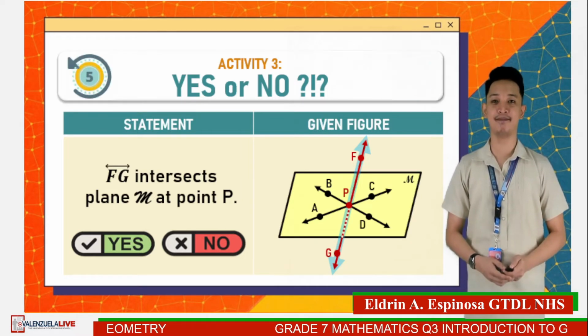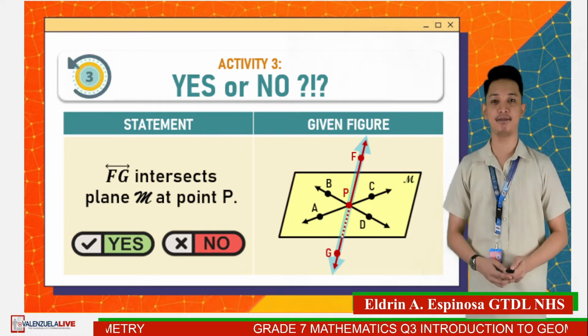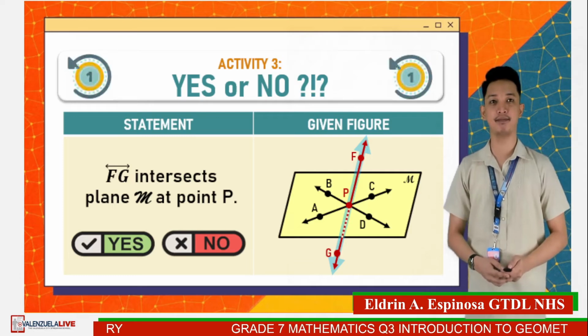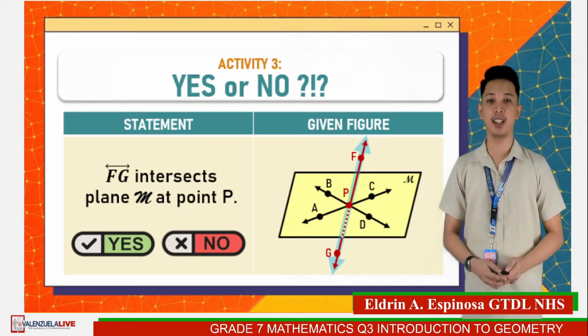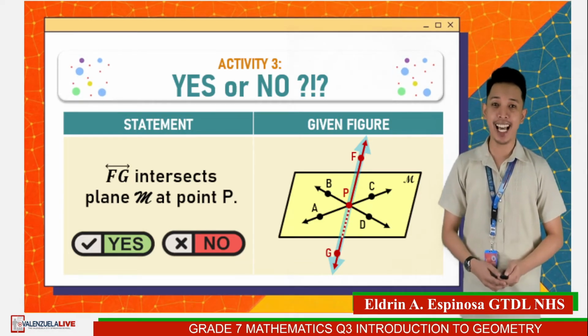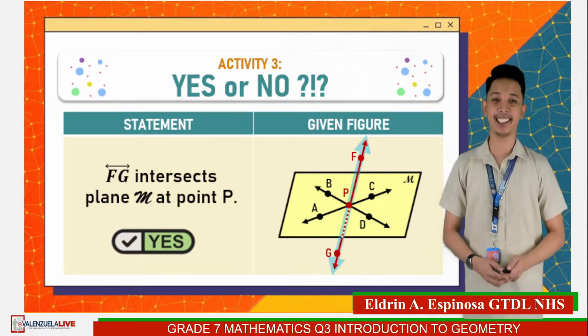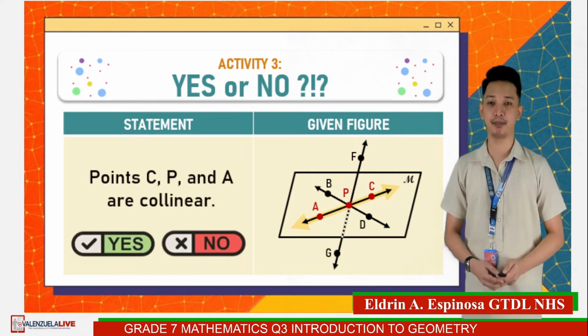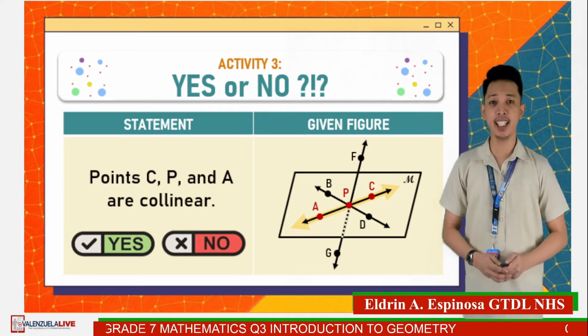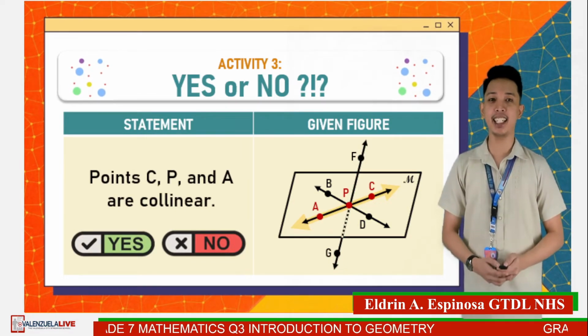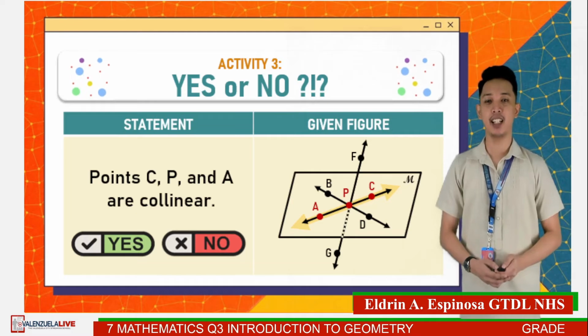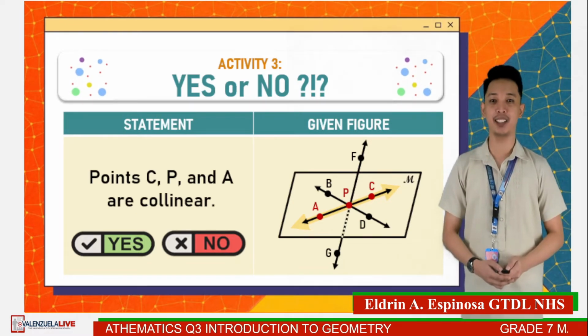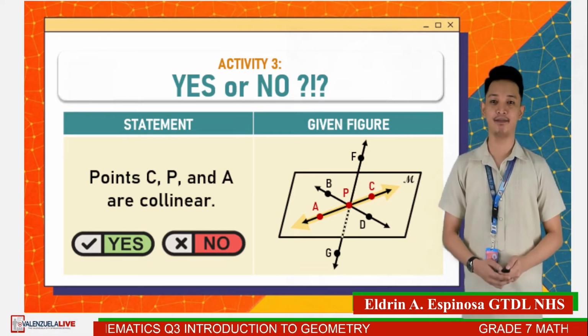Go! Very good. The correct answer is yes. Next statement. Points C, B, and A are collinear. Yes or no? Go!